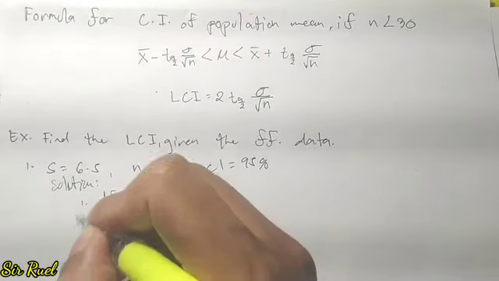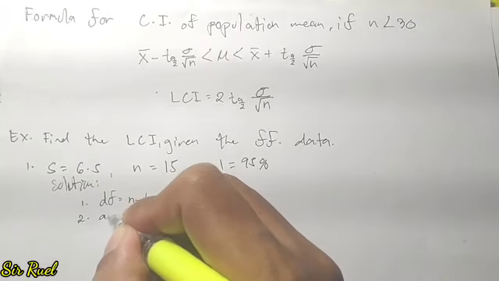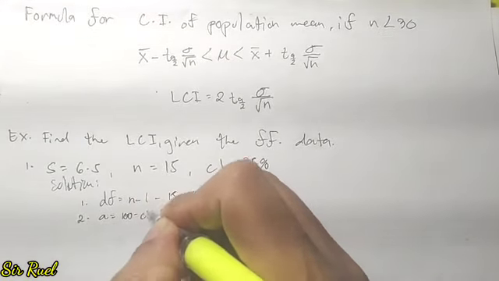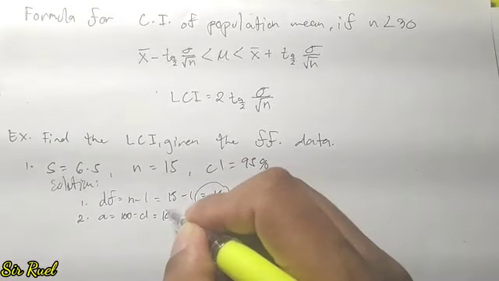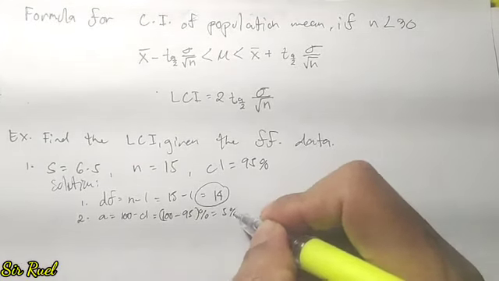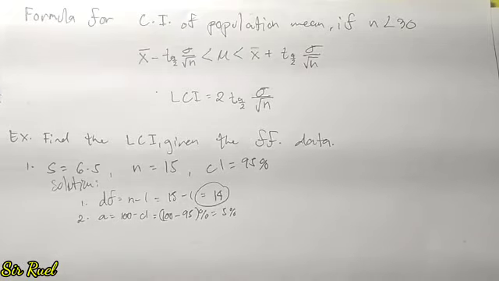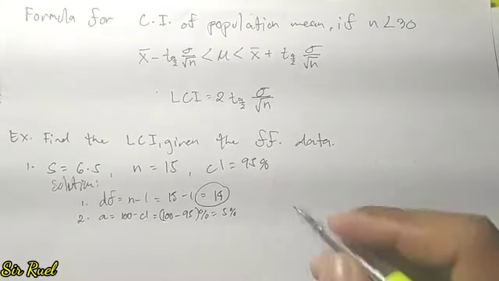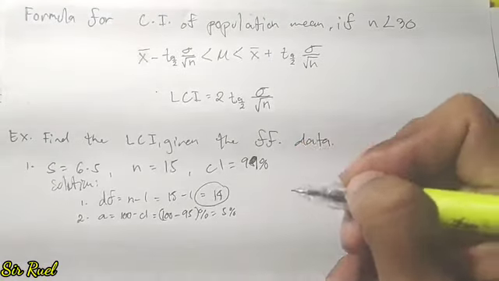Okay, next is yung alpha. So yung alpha natin is 100 minus confidence level. 100 minus 95. So in percent, we have 5%. Okay, by the way, mali. Ipalitan natin yung 95 into 99, kasi base sa computation ko, 99 yan.